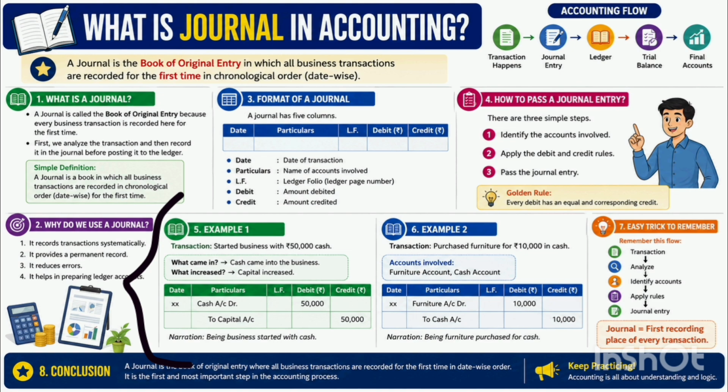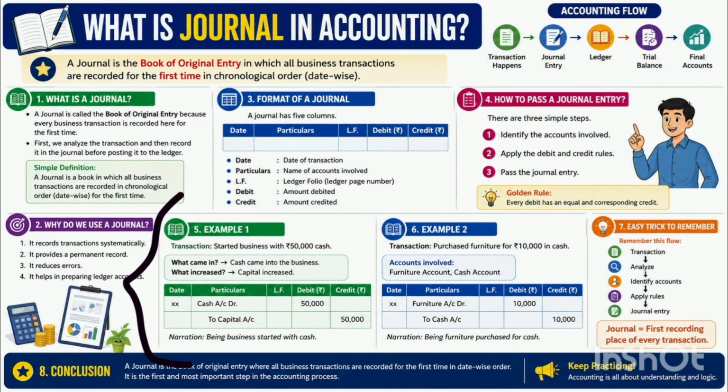Then according to those accounts, we have to follow the debit and credit rules according to the modern rules. Here, cash account is an asset and capital is nothing but equity. Asset normally has a debit balance and capital always has a credit balance.